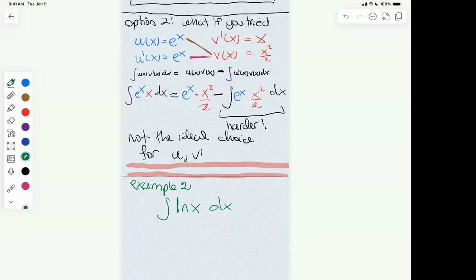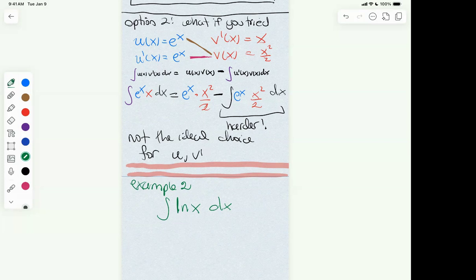This looks like a bit of a scam, because if you only have natural log of x, where is the product? That seems to be a single expression. You have to break down what you're integrating as a product of two things.